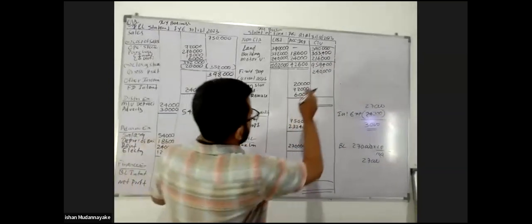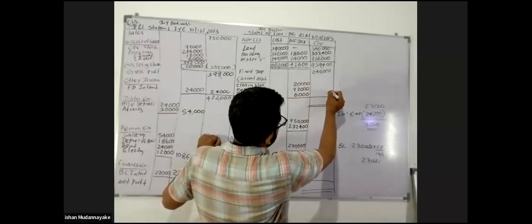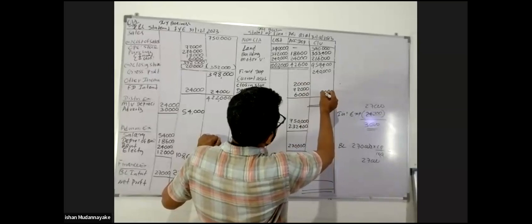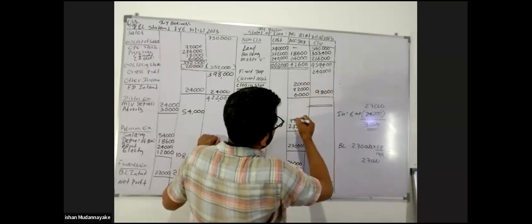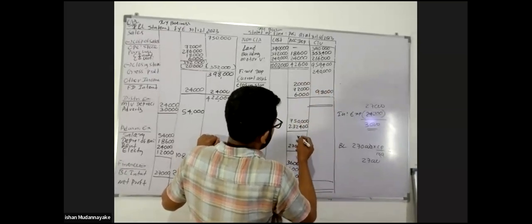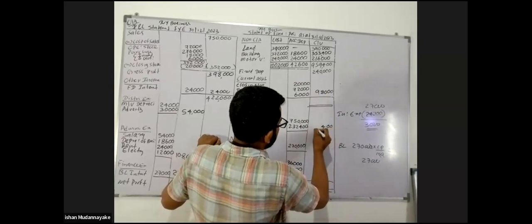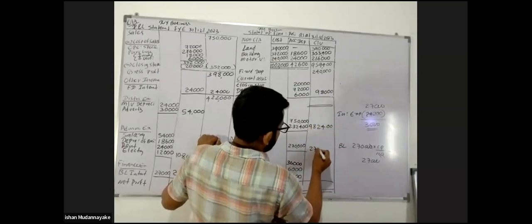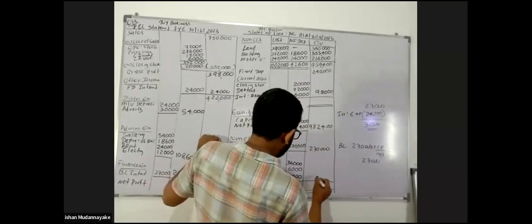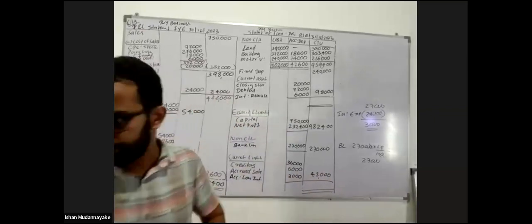And then fixed deposit, right? And here take the total current assets of the business, $98,000. Right. Now you can balance the question.